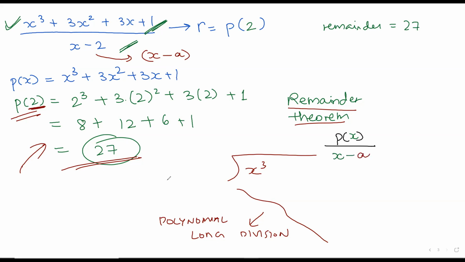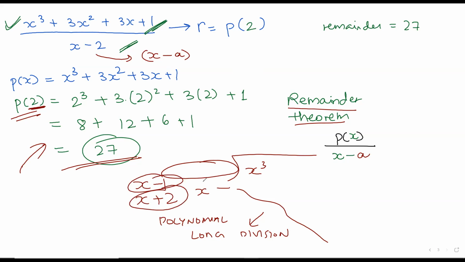Because whenever we have a linear polynomial, and even in our previous class, whatever divisions we performed, the divisor we had was always of the form x minus 1, x plus 2, x minus something. So it is always of this form. And what is this form? You can say that it is of the form x minus a in general.